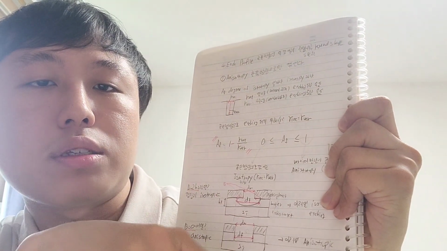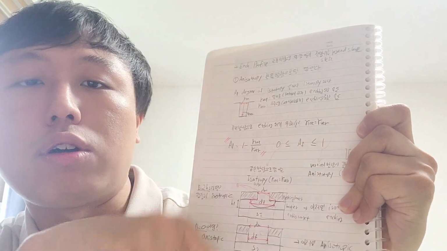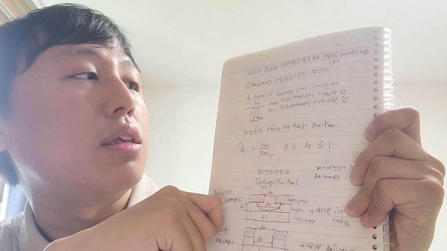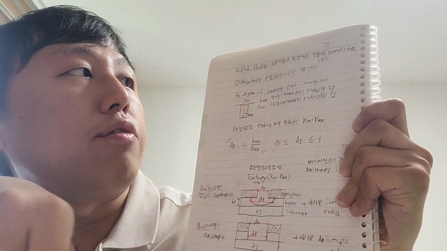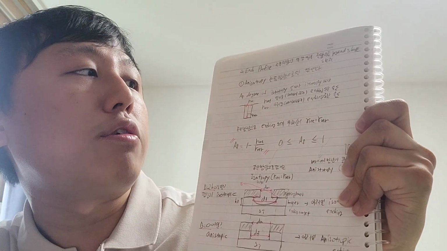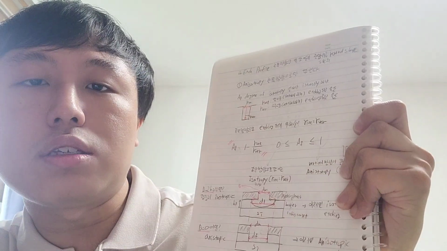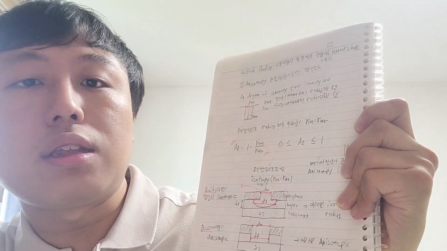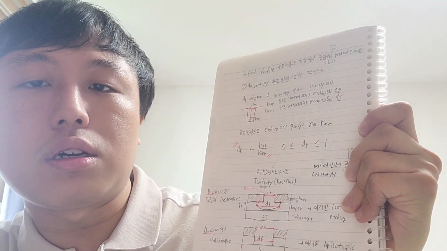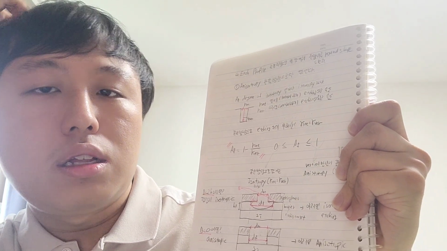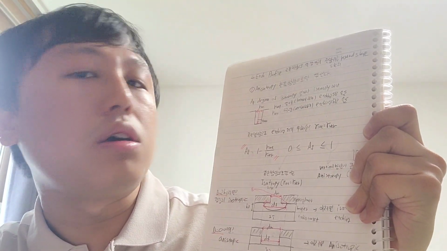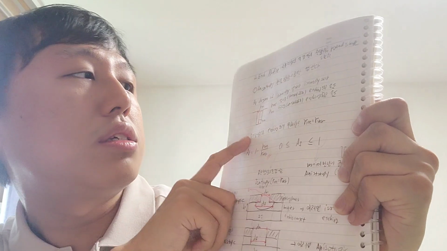This means etching in only one direction. And the other one is isotropy, and it means etching in all directions.